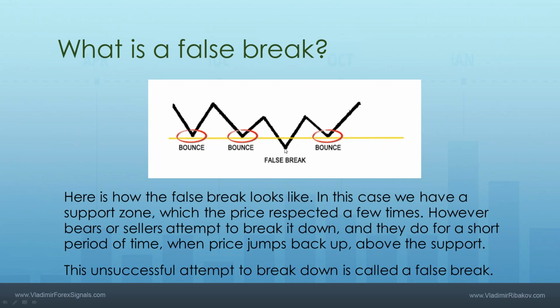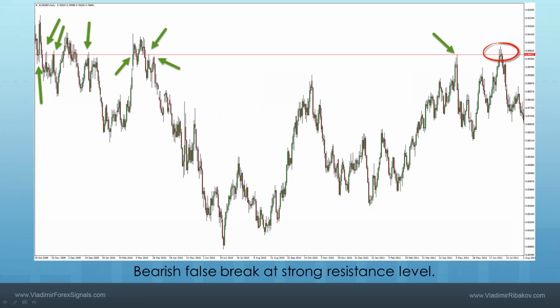It tries to break it down, and retraces up to close above again. This is an unsuccessful attempt to break down, and that's what is called a false break. That's why it's false. It's a fake attempt to break a level. That's how it looks on the chart.